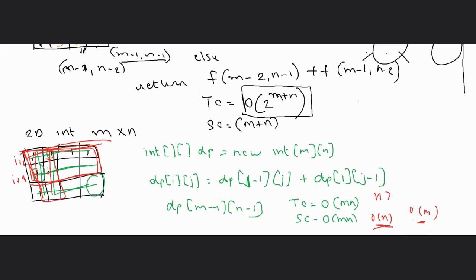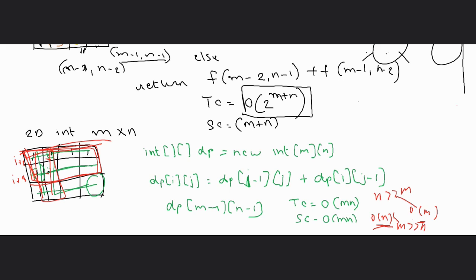If n is greater than m, you can use this, and if m is greater than n, then you can use the other one. So that's one of the options for you to use.